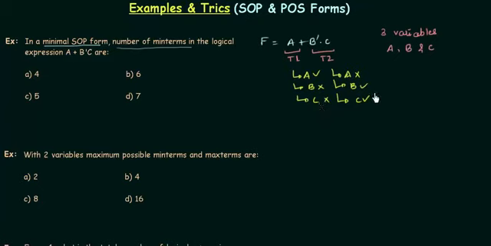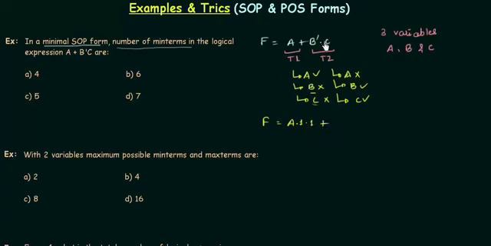And in step number 3, we will AND 1 the number of times variables are absent. We don't have B, so this 1 is for B. We don't have C, so this 1 is for C. I have already explained in the last presentation why we are ANDing 1 with the absent variables.